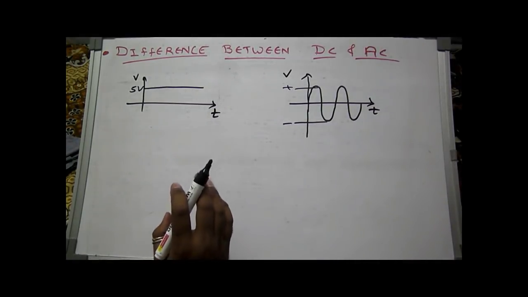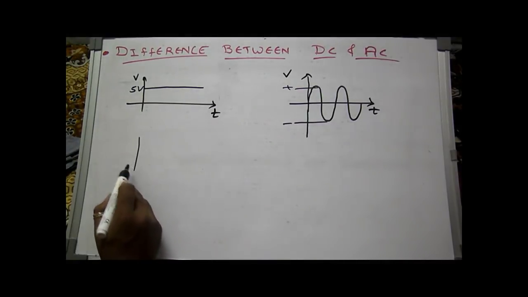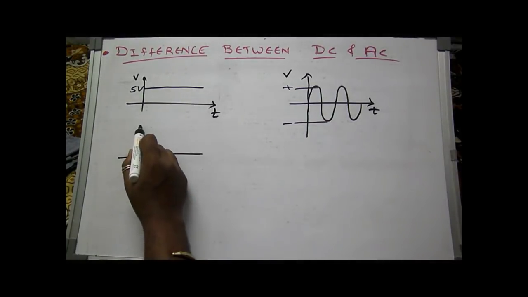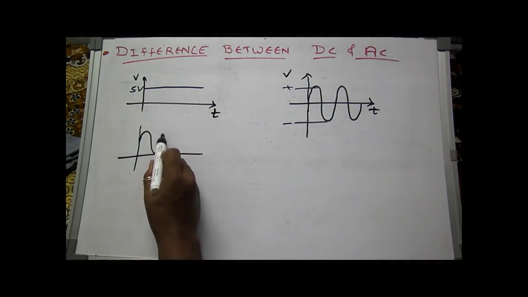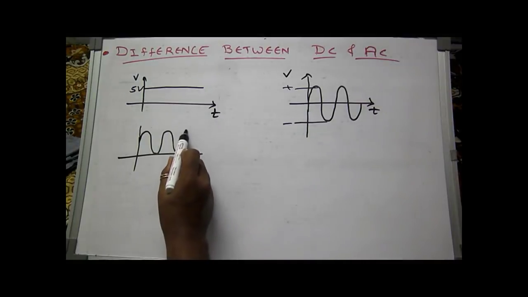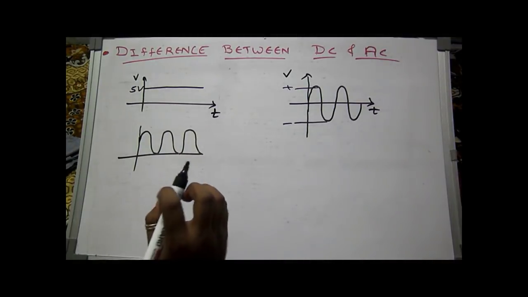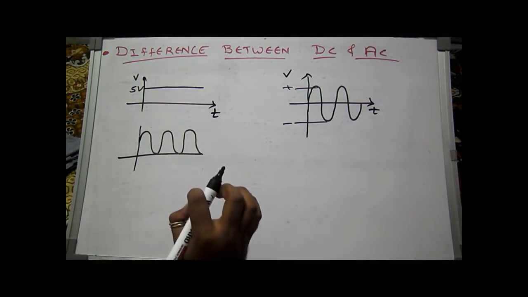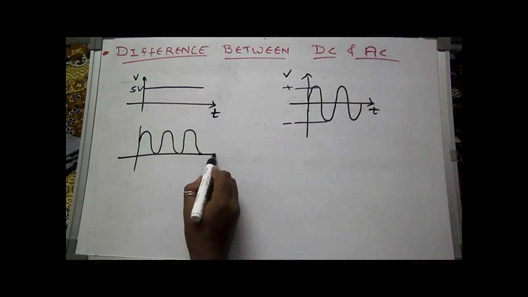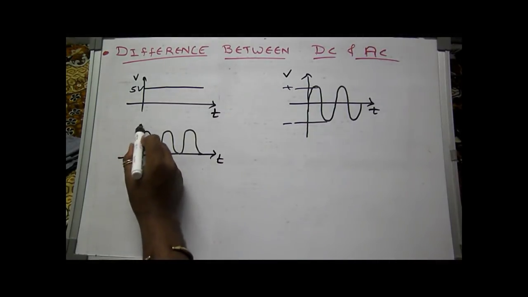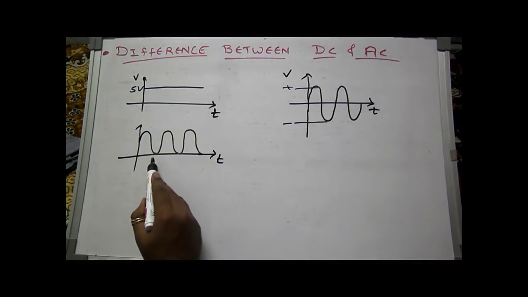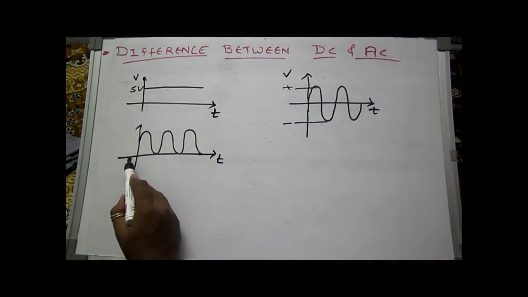DC can also be represented like this waveform. It looks the same as a sine wave, but actually it is a DC. Why is it DC? Because the voltage level is not crossing this zero line, this value 0.